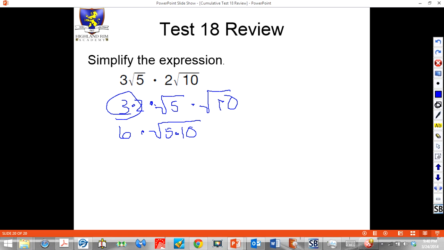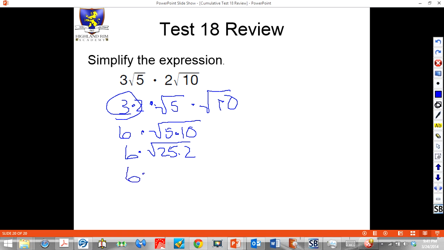And so we got 6 times the square root of 25 times 2. And so where we're going to end up here is we'll bring the square root of 25 out of the radical.